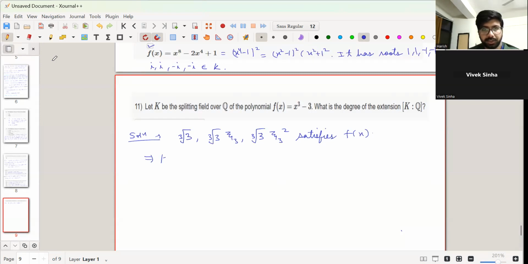This implies K is nothing but Q adjoined with these three: cube root of 3, cube root of 3 zeta 3, and cube root of 3 zeta 3 square. That is the same as adjoining Q with cube root of 3 and zeta 3, right?